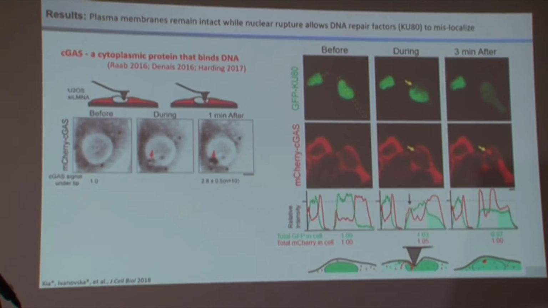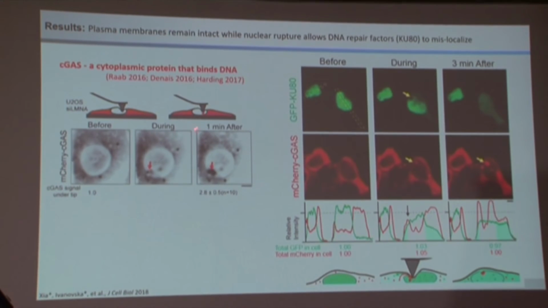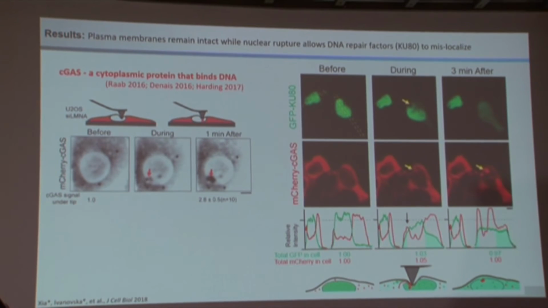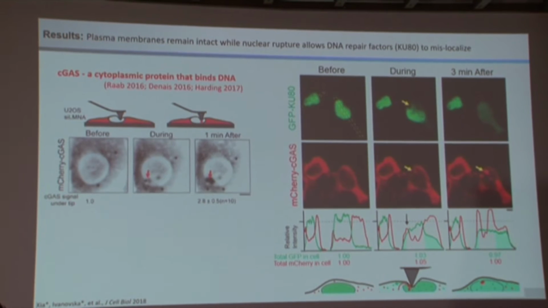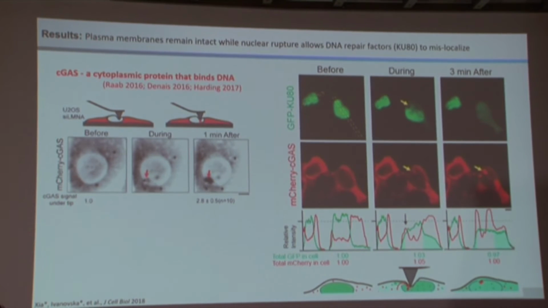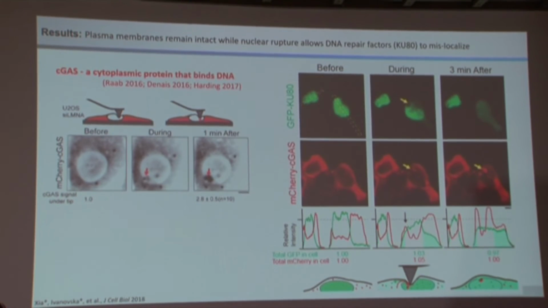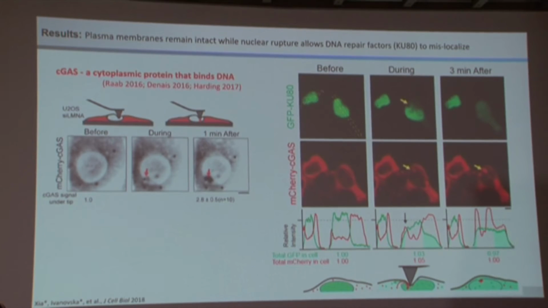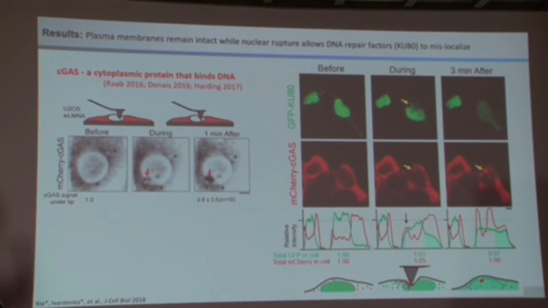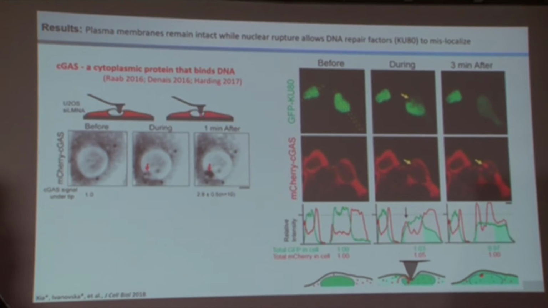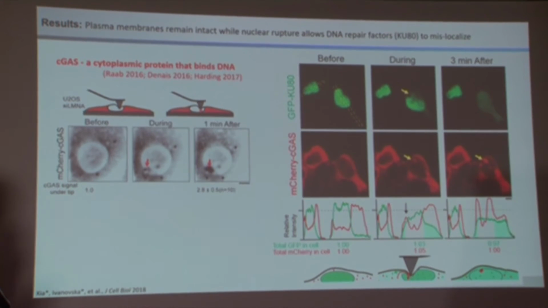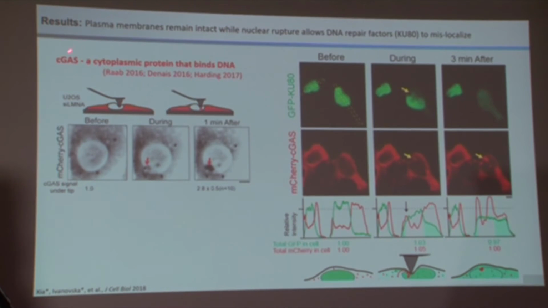So the question we asked is, is this really nuclear rupture? Because it is known that if the nucleus is stretched, then the nuclear pores can be stretched, and there could be some passive transport from the cytoplasm to the nucleus, or vice versa. So we did dual transfection with cGAS. cGAS is a cytoplasmic protein that binds DNA.